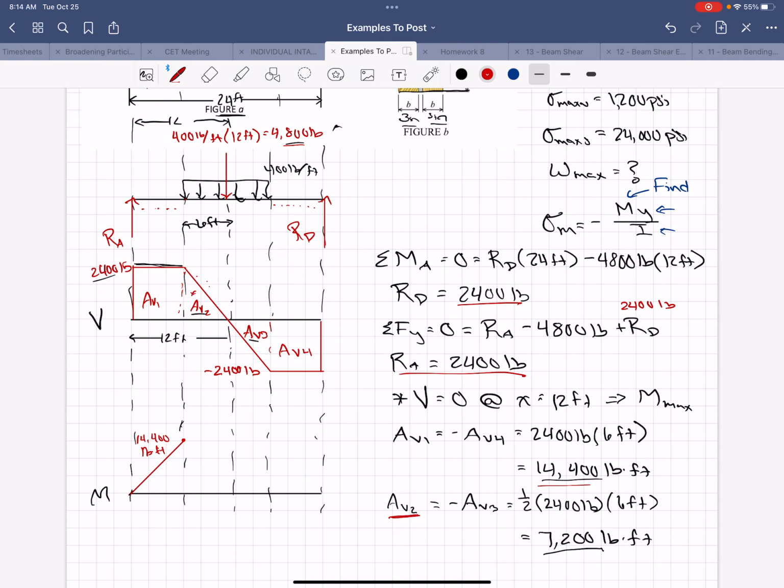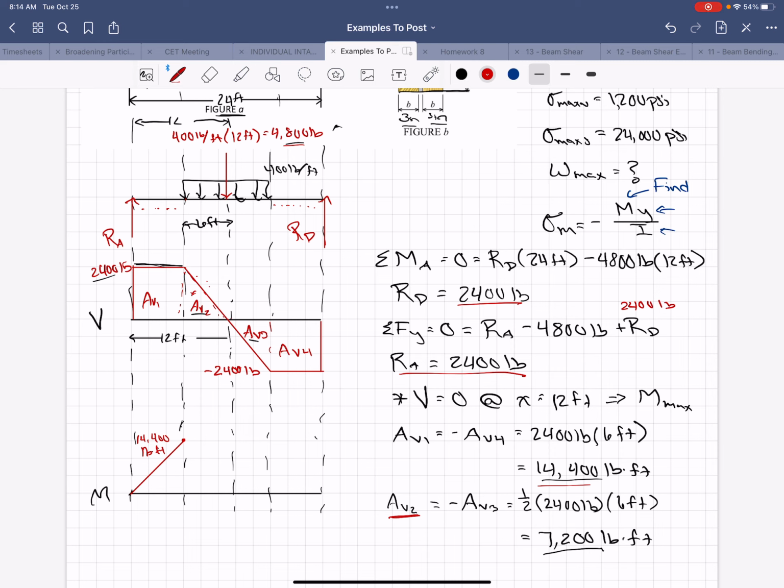It's still positive. Now we have a sloping downward shear diagram, which means that the slope of our moment diagram is going to be curved. It's going to have a steeper slope at the beginning and a flatter slope at the end.